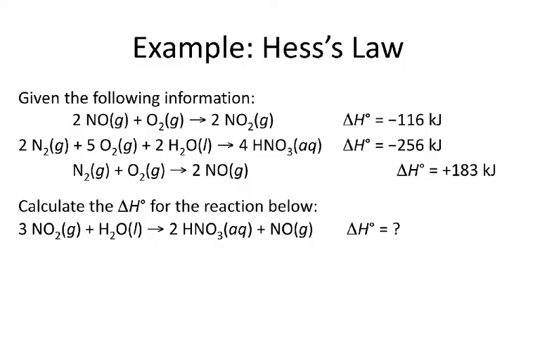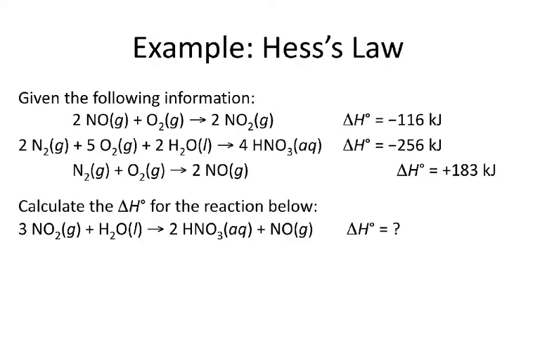Let's work through another example using actual chemicals instead of A, B, C, and D. Given the following information, we have 2 moles of nitrous oxide plus oxygen goes to 2 NO2. Then we have a second reaction here, 2 nitrogen plus 5 oxygen plus 2 waters goes to 4 nitric acid.